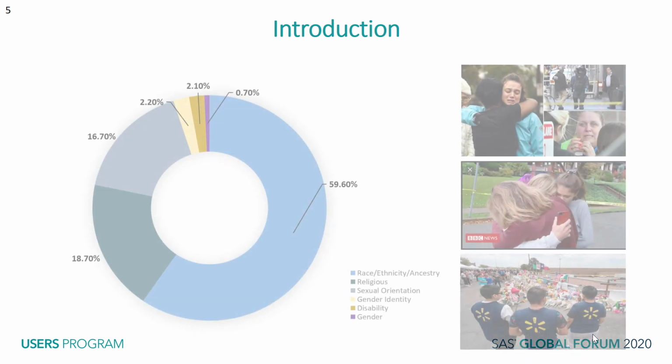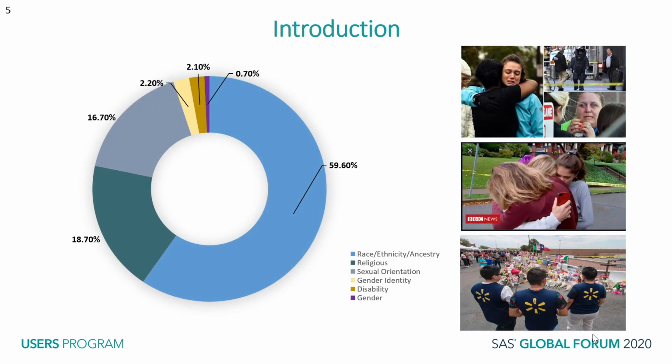Hate crimes are on the rise in the United States and other parts of the world. In hate crimes, victims are targeted for who they are. They are threatened, assaulted, or even killed on the basis of race, religion, ethnicity, gender, sexual identity, disability, or other characteristics.